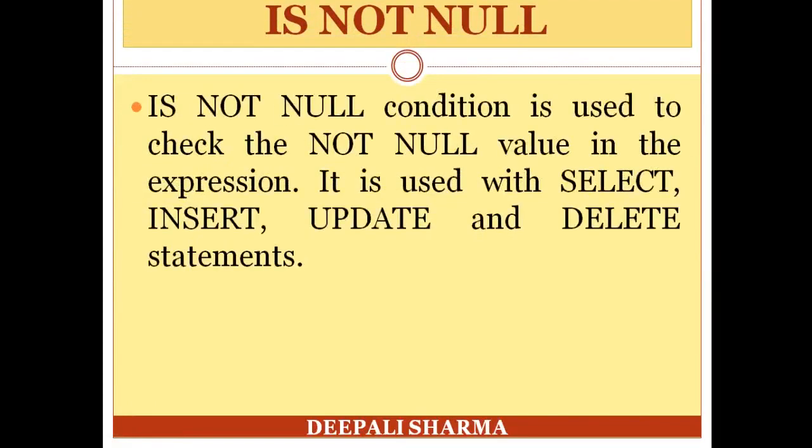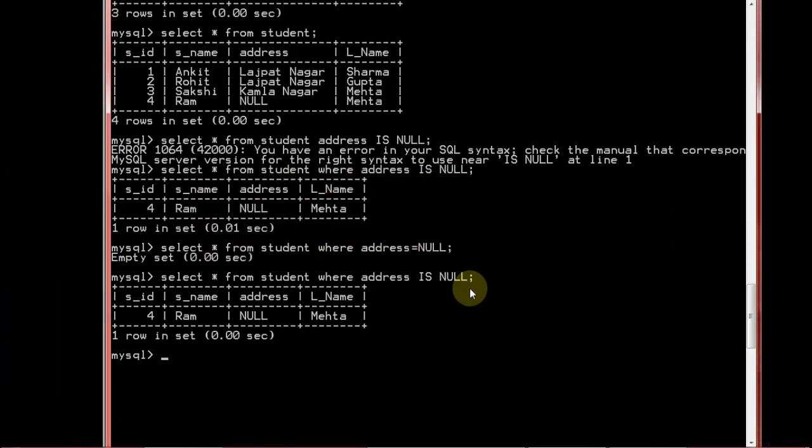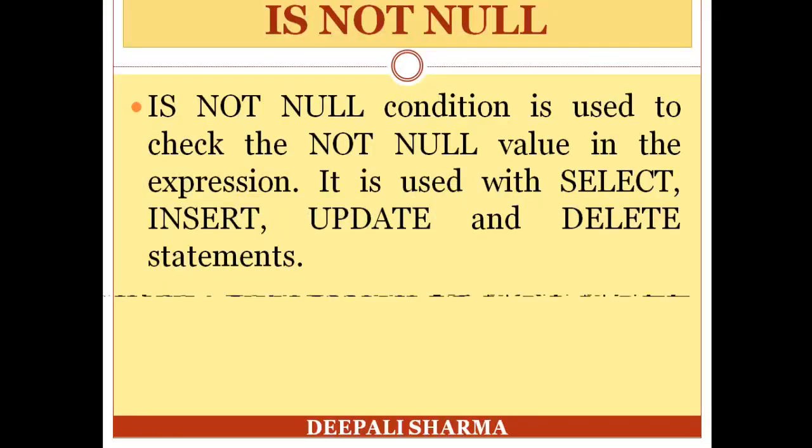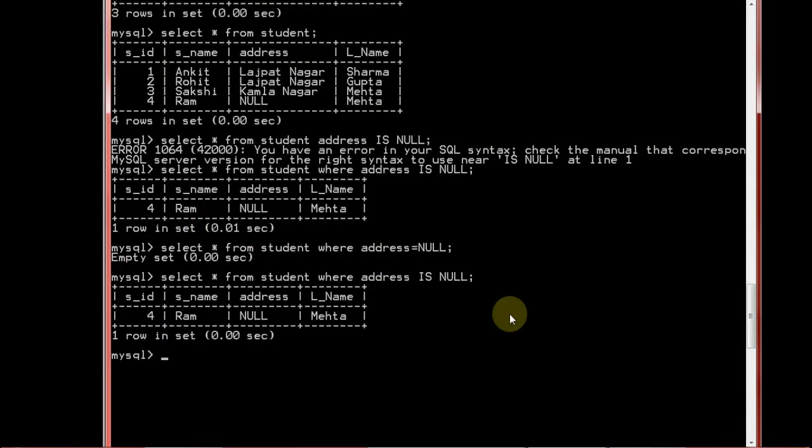Next is not null. Is not null means the condition is used to check not null values in the expression. First, just see the syntax of this particular statement: where the expression is not null. Now see it practically. What is the basic use of not null?